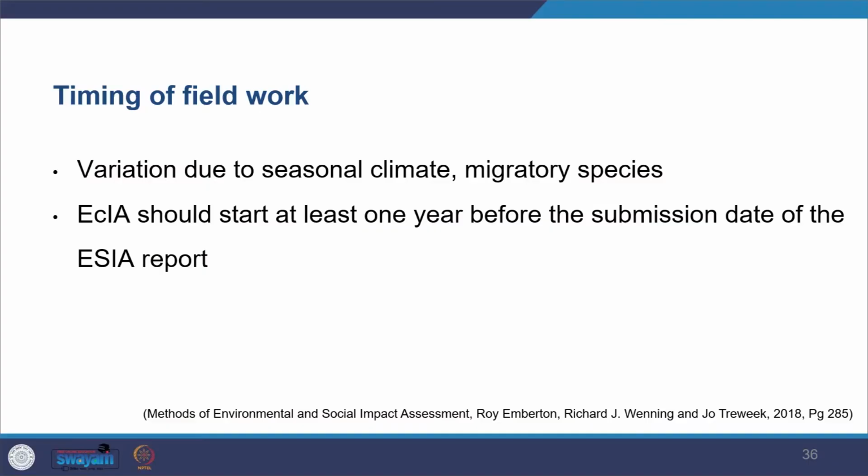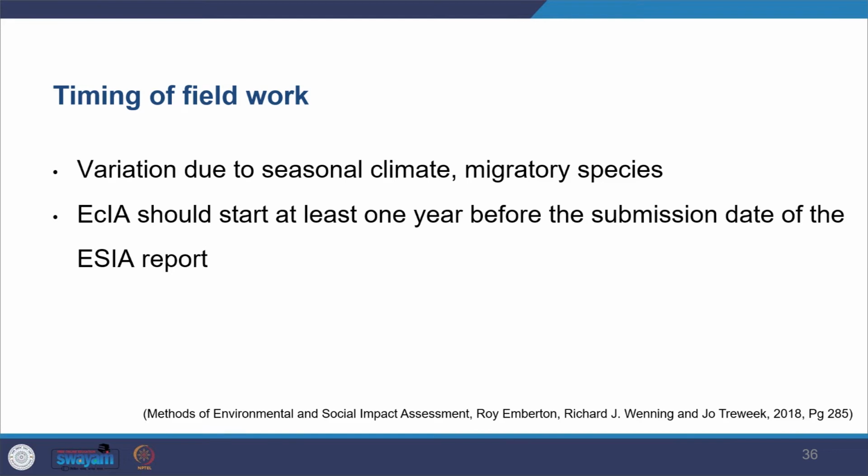Take note that the timing of the field work is a very important factor, because there can be a lot of variation in terms of what happens in one season and what happens in another season, and there can be migratory species as well. So you need to carefully plan and observe all the variations.